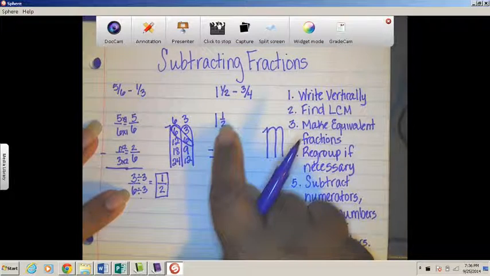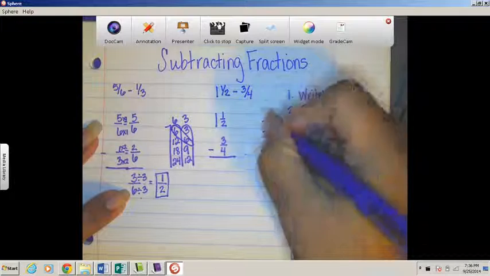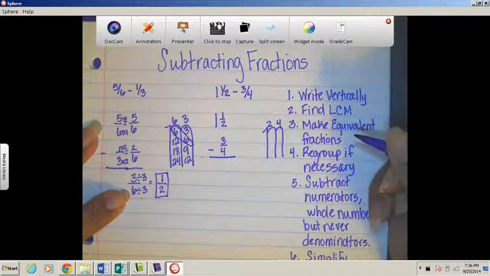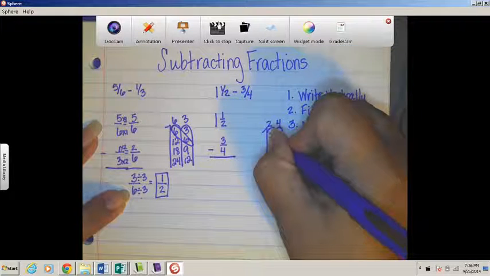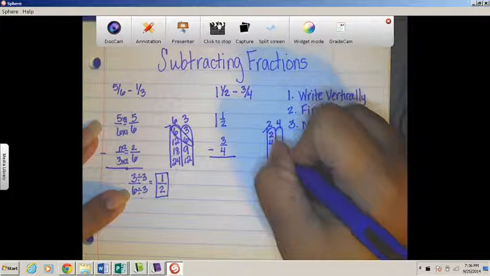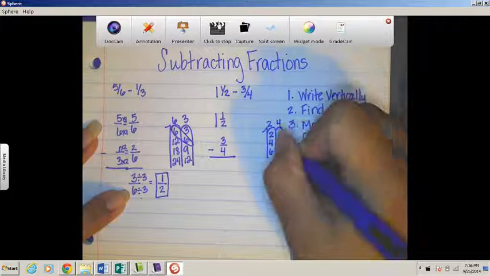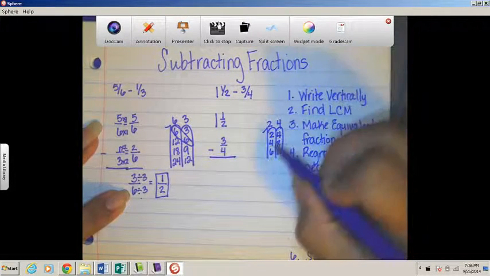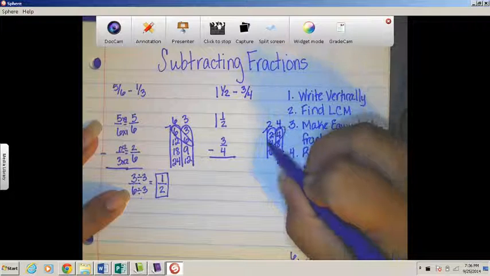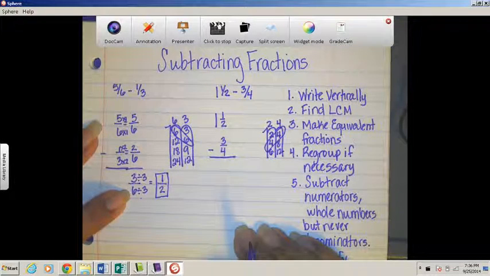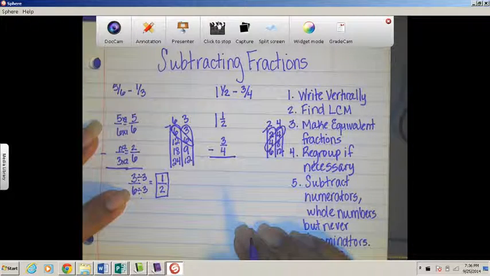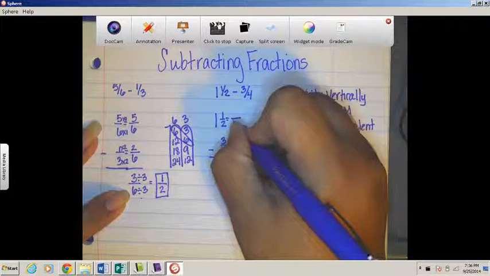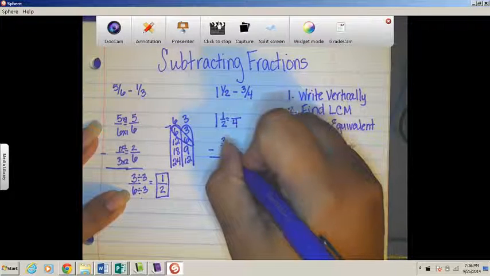I put my denominators above it, and now I found my multiples. 2, 4, 6. 4, 8, 12. You can see that here is the smallest common multiple. My multiple is going to be 4. That is my common denominator.